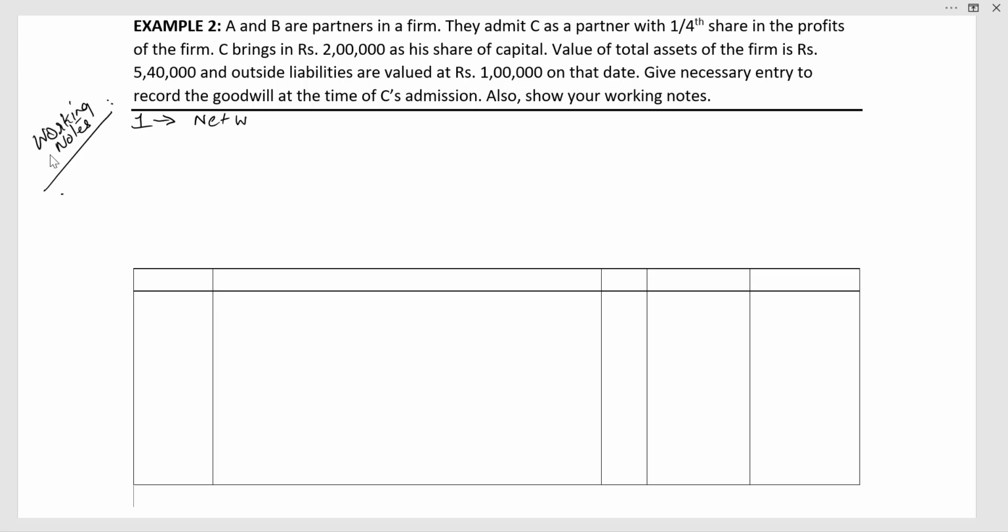Net worth of the firm based on C's capital is equal to capital of C, rupees 2 lakh, multiplied by the reciprocal of his share, 4 divided by 1, which is rupees 8 lakh.